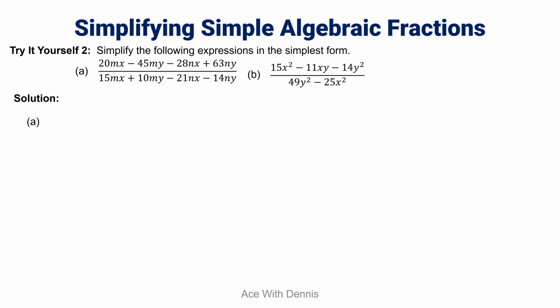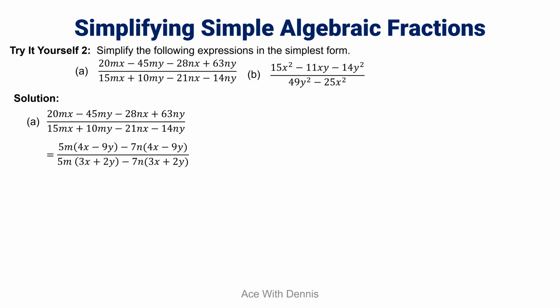So here's the solution for a. We can again factorize both numerator and denominator using the grouping law. So it becomes 5m times 4x minus 9y minus 7n times 4x minus 9y for the numerator. Similarly, for the denominator, it becomes 5m times 3x plus 2y minus 7n times 3x plus 2y.